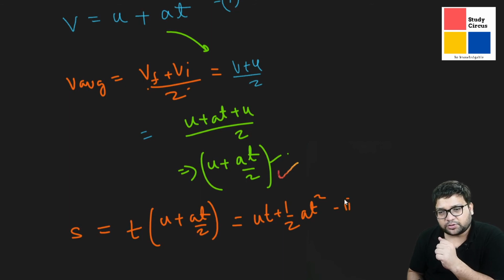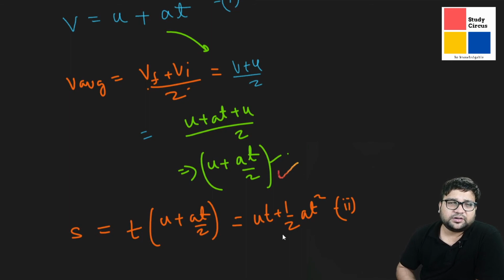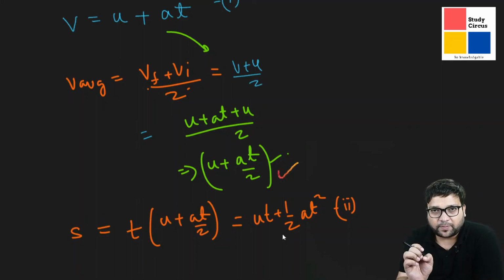that is ut plus half at square. So this is your second equation of motion. Ut plus half at square is the distance traveled if something is moving with uniform acceleration. And if you put everything with their respective signs, you get the displacement actually.